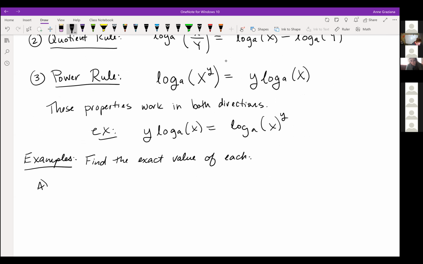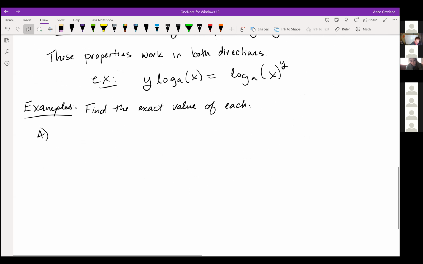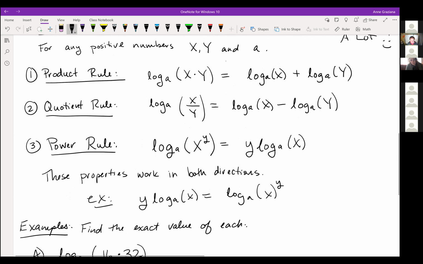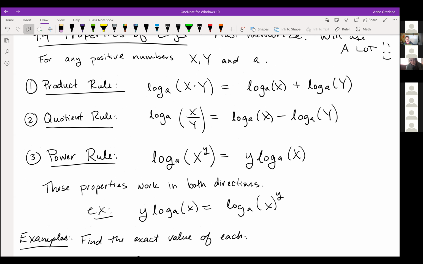Here's A. Let's find log base 2 of 16 times 32. Now, 16 times 32 is a really big number. So what we can do here is, inside we have a product, so we can use that first rule to break it up into an addition problem.